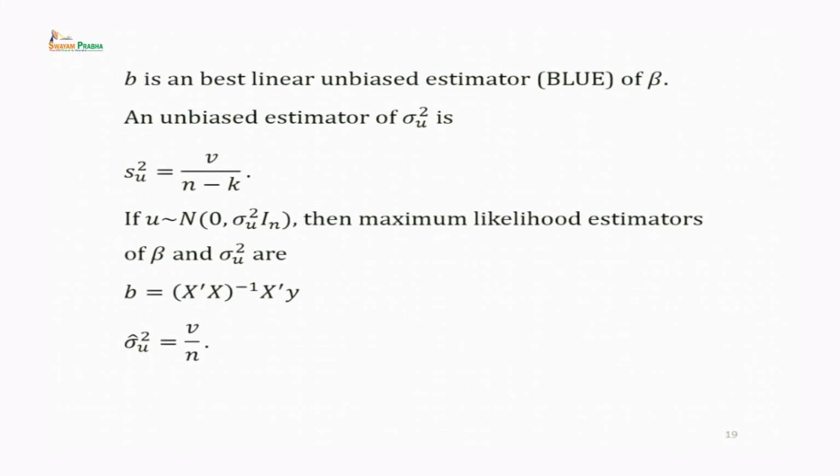It means it has the minimum variance in the class of all linear unbiased estimators of beta. Then an unbiased estimator of sigma square u is V upon n minus k, and if u follows normal distribution and then you try to find the maximum likelihood estimator of beta and sigma square u, then the MLE of beta is again B, and the MLE of sigma square is sigma hat square u equal to V upon n.